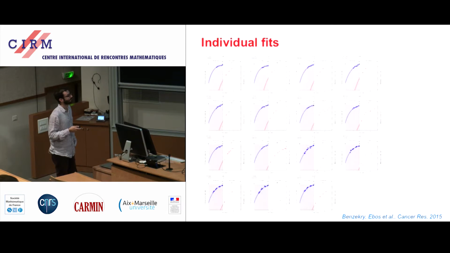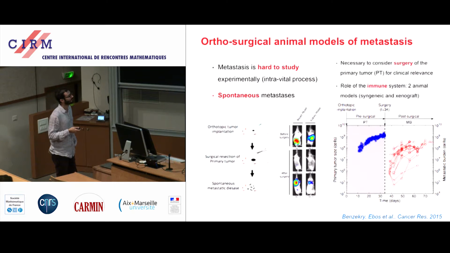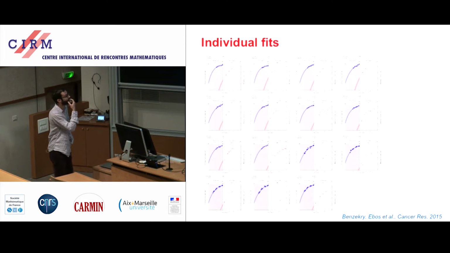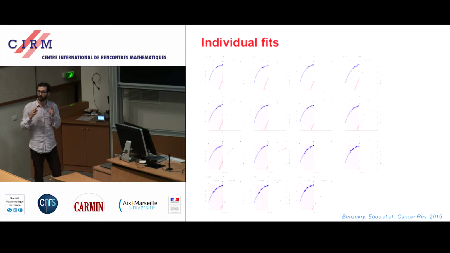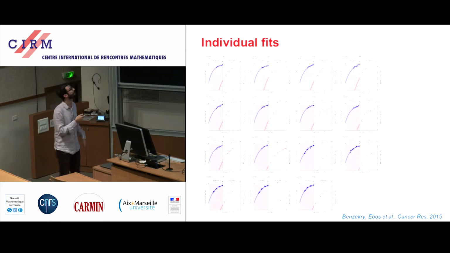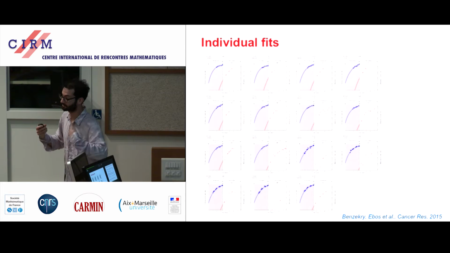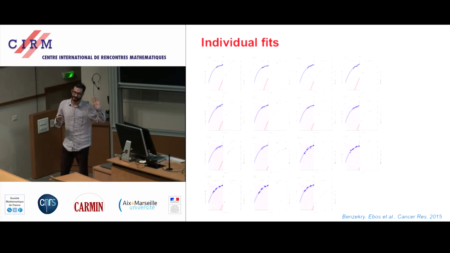All right. So if we take each mouse individually, and if we take all the primary tumor growth data and the metastasis, we can try to fit our model. Up to now, I haven't described to you what the growth terms for the primary tumor and for the secondary tumors are.